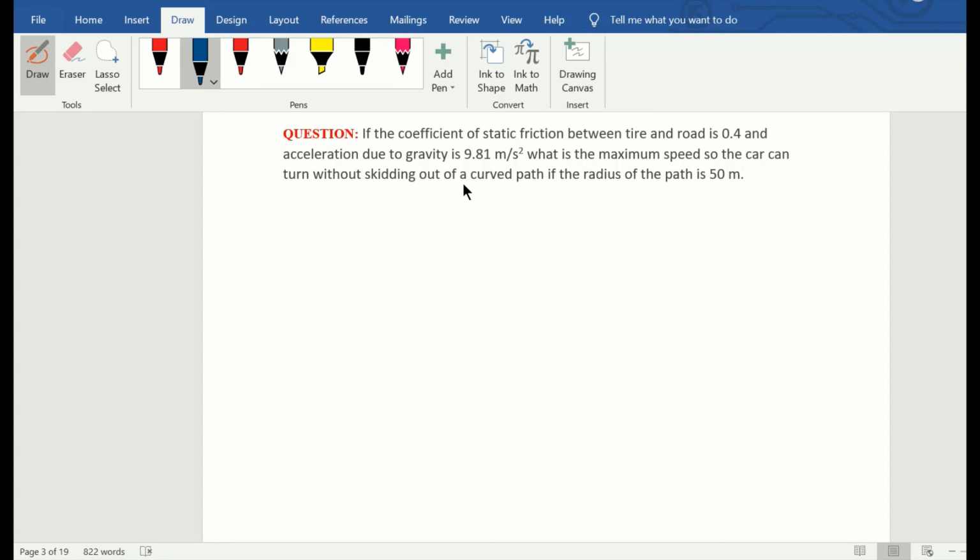Okay, here is our next question. In this case, you can see that friction is acting between the tire and the road, and we are given that friction coefficient as 0.4. So my static friction coefficient is 0.4. We are given acceleration due to gravity, g, as 9.81 meters per second squared.